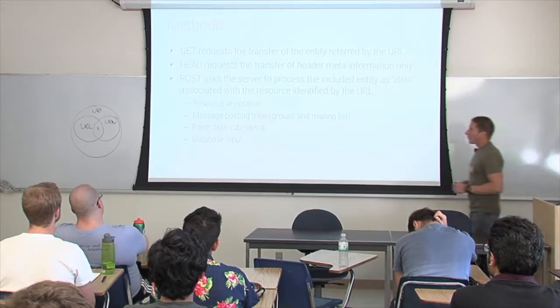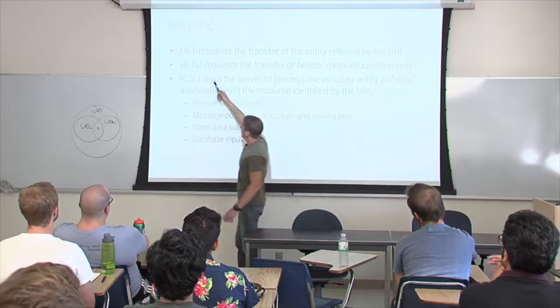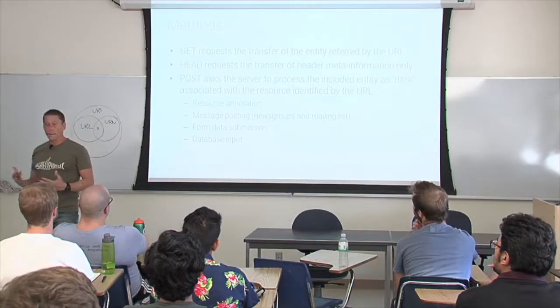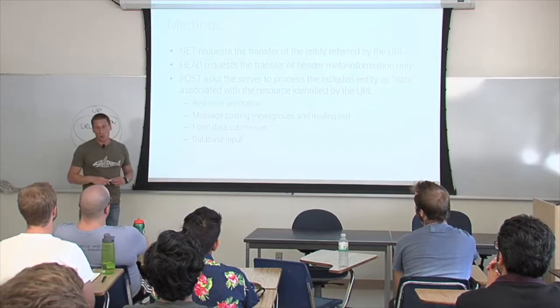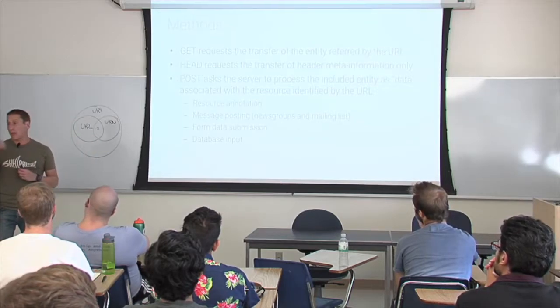The most important methods are GET and HEAD. A HEAD request fundamentally returns only the metadata of a resource, so basic information about the request. For example, if you have a very big file, you can do a HEAD request.